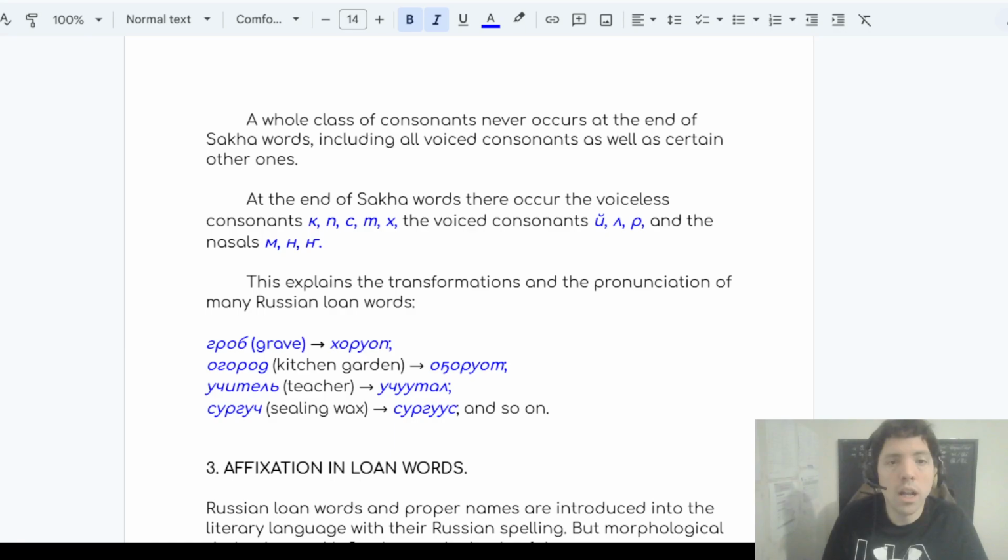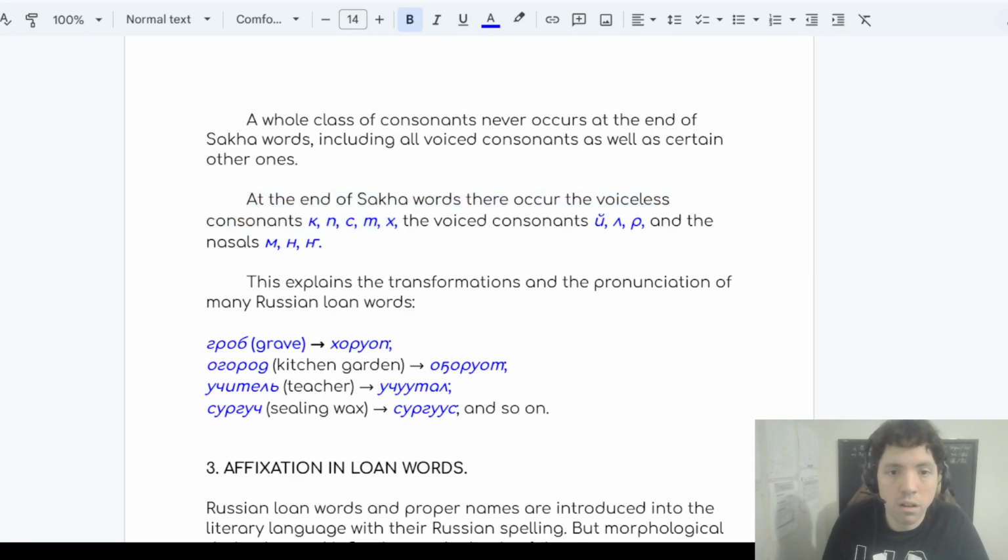All right. A whole class of consonants never occurs at the end of Sakha words, including all voiced consonants as well as certain other ones. At the end of Sakha words, there occur the voiceless consonants k, p, s, t, ch. I'm simply saying the sounds of the letters. They may not always be the names of the letters.